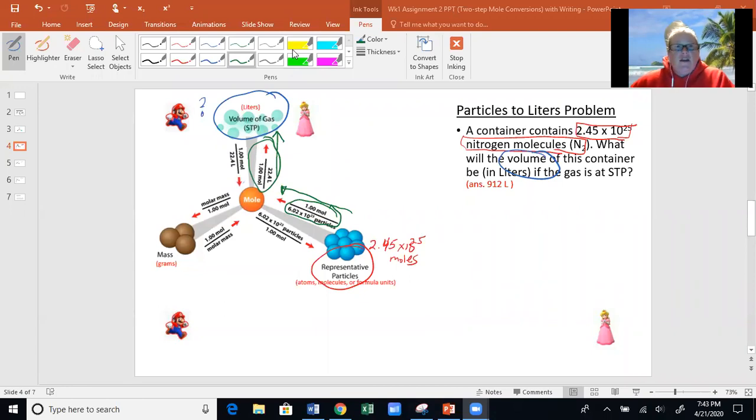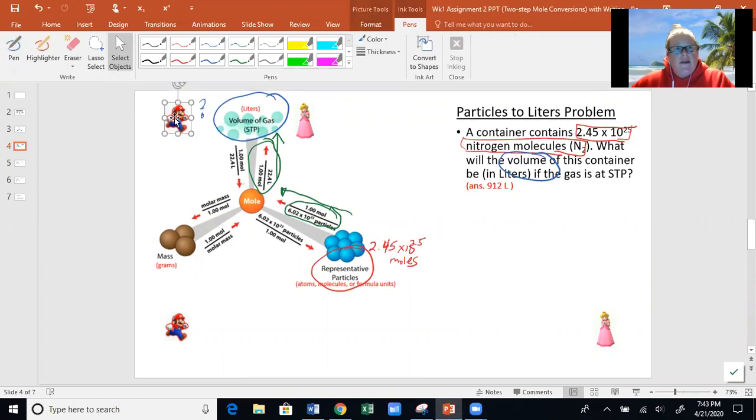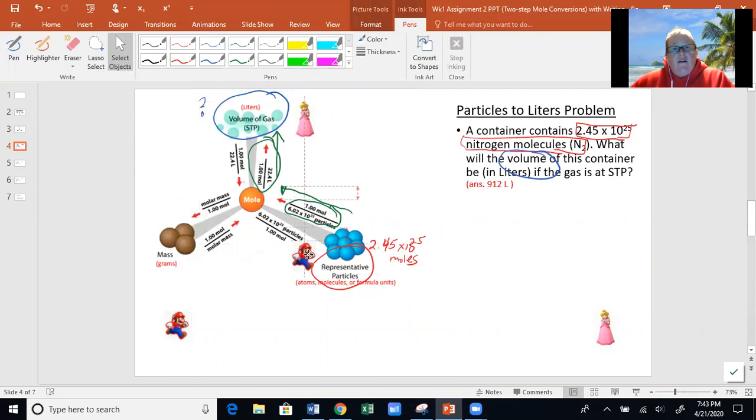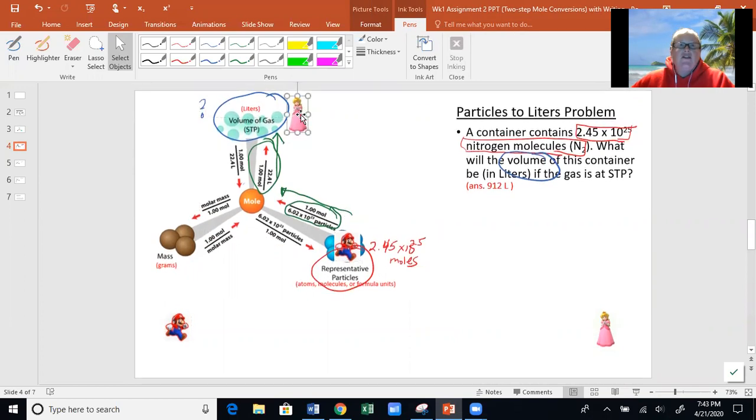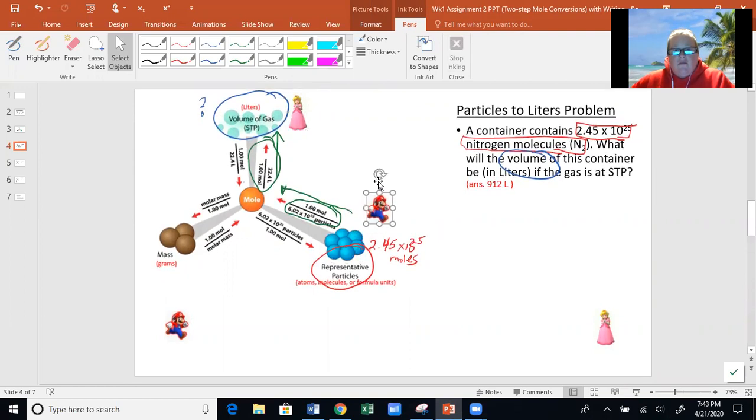Here's the screen. Anyway, we're going to have Mario, here, stop inking. That's the only way I can have Mario move. We're going to have Mario hang out in the parking lot where the problem starts, and we're going to have Princess Peach up here where he's trying to get to. Now he can only, I was hoping I could get him to switch the other direction.